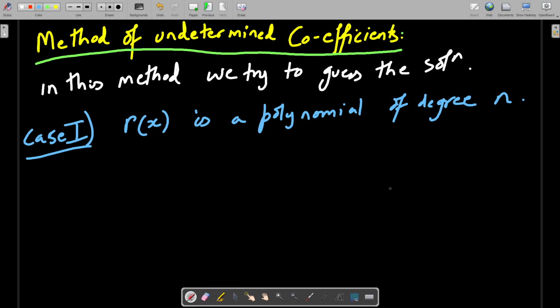Now I'm starting with the polynomial case. After this we'll see the exponential case and then trigonometric functions. So in every problem session now we'll be dealing with these three cases separately: polynomials, trigonometrics, and exponential functions. We'll start with polynomials because they're always easy.